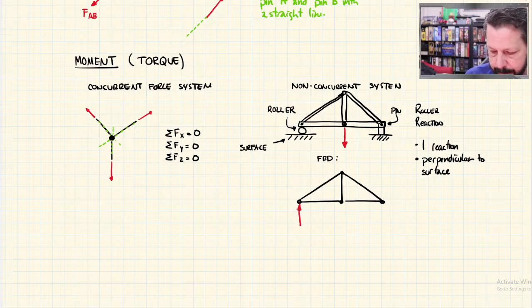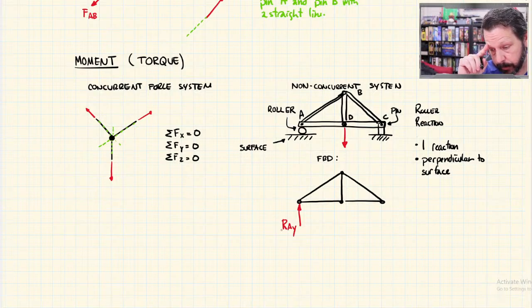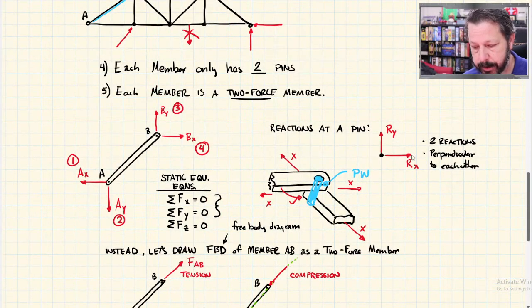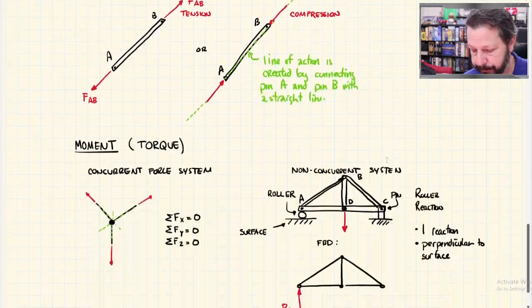And let's just say that this truss is A, B, C, D. So I could call that the reaction at A, right? Or more specifically, I could call it the reaction at A in the Y direction. The pin, if we go back up here, pins have 2 reactions that are perpendicular to each other.